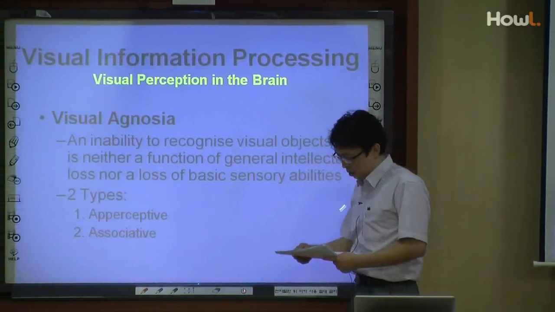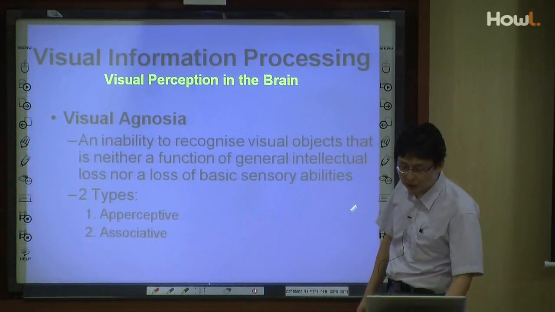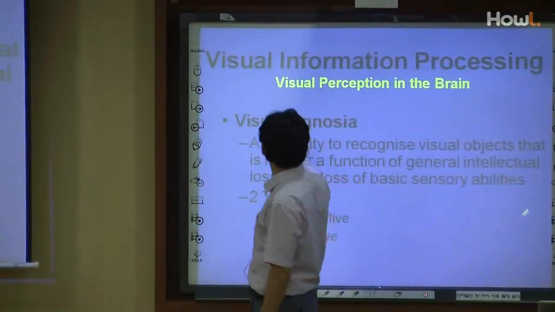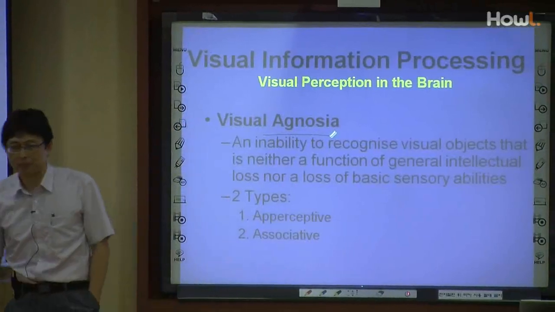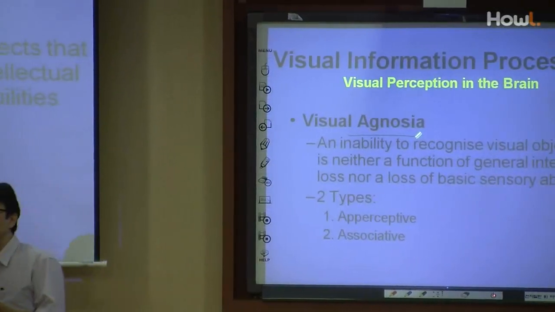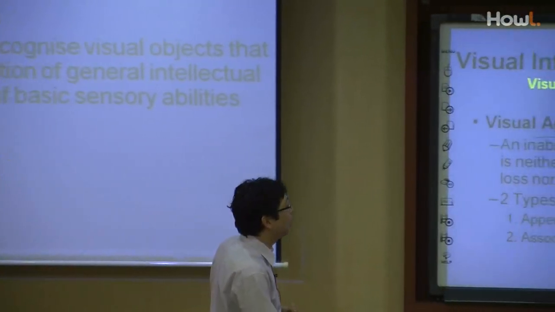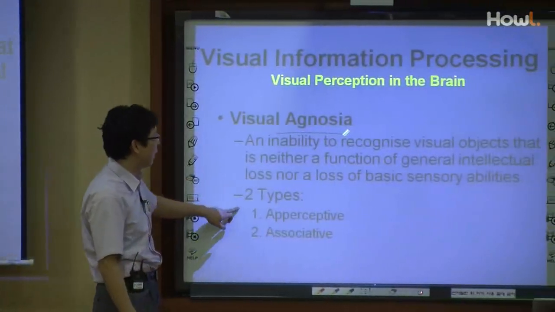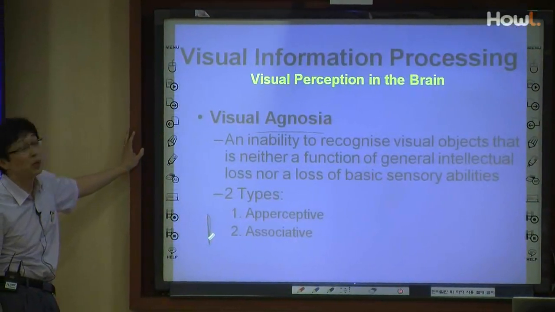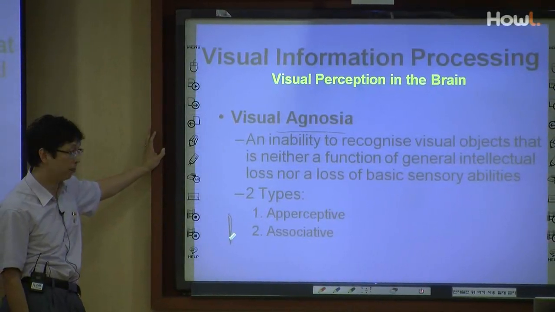So the main point of visual perception in our textbook: John Anderson starts with agnosia. This is about particular patients who have some kind of impaired faculty. He talks about two different types of agnosia: one is apperceptive agnosia and the other is associative agnosia.